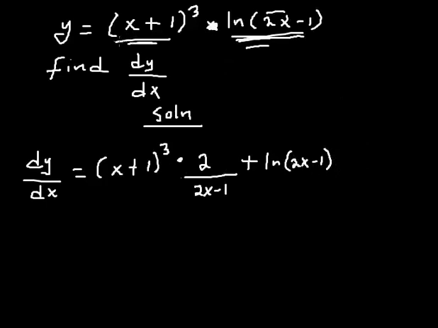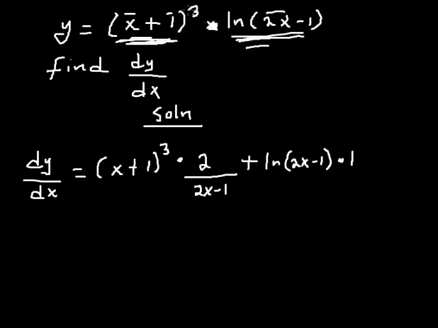Now I'm going to differentiate (x + 1)^3. The inner function here, the derivative of x is 1, the derivative of 1 is 0, so that's going to be 1, times the derivative of the entire function; remember the whole of this serves as x.